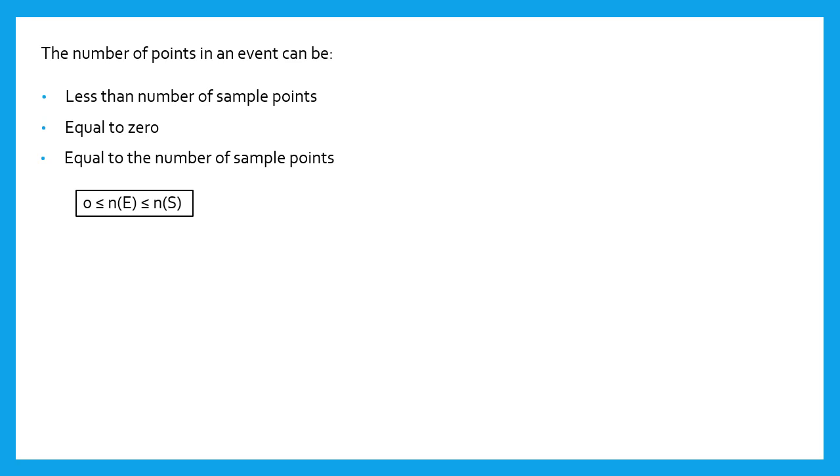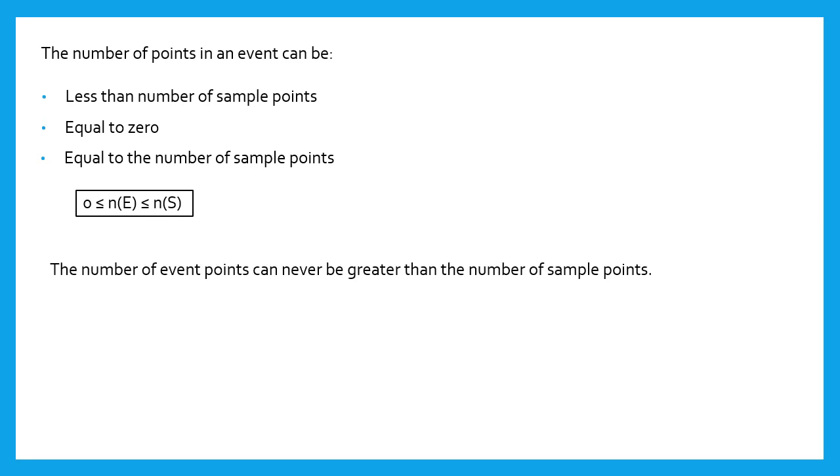Number of event points can never be greater than the number of sample points. Children, probability can be expressed as a fraction in which numerator should be always smaller than denominator. Probability lies between 0 to 1.